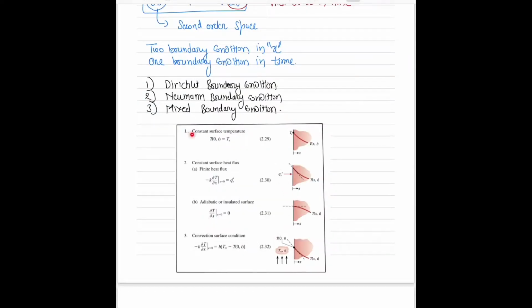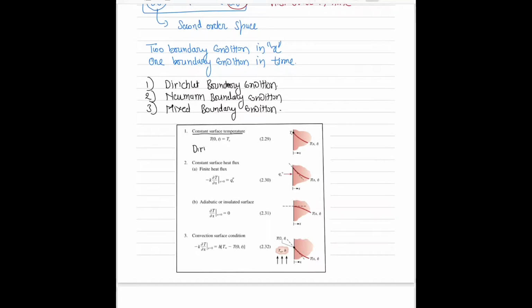In this figure, we have three types of boundary conditions: one with a constant surface temperature, another with a constant surface heat flux, which is subdivided into finite heat flux and adiabatic insulated surface, and another one with a convection surface condition.